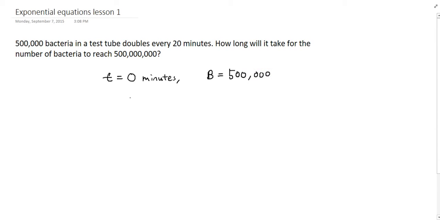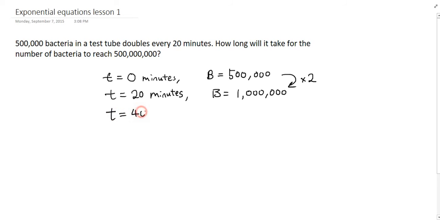Okay, and at time equal to 20 minutes, 20 minutes has gone past. How many bacteria do we have? We have 1 million bacteria, because we have doubled the amount of bacteria. And then at time equal to 40 minutes, we double it again, so now we have 2 million bacteria.